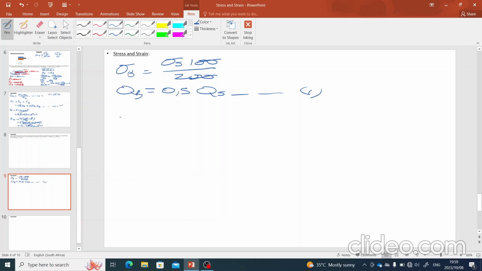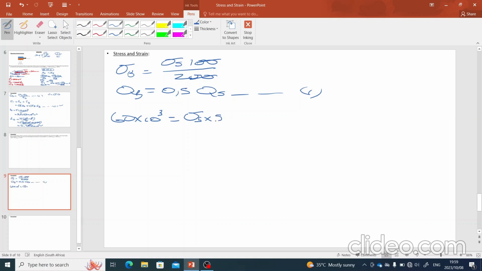Then we come to force total. It is 60 times 10 to the power 3 equals stress steel multiplied by the area steel.